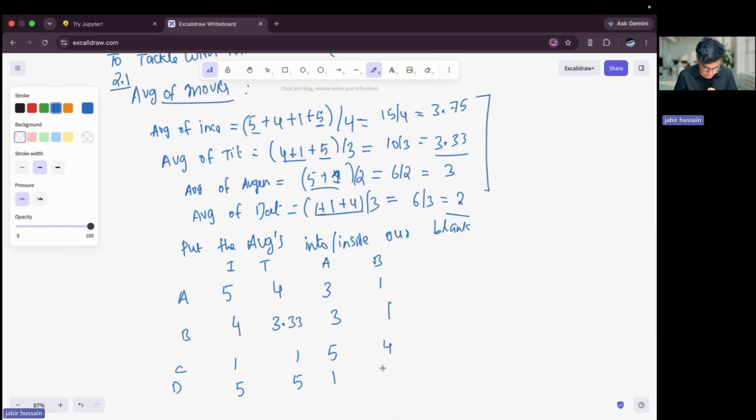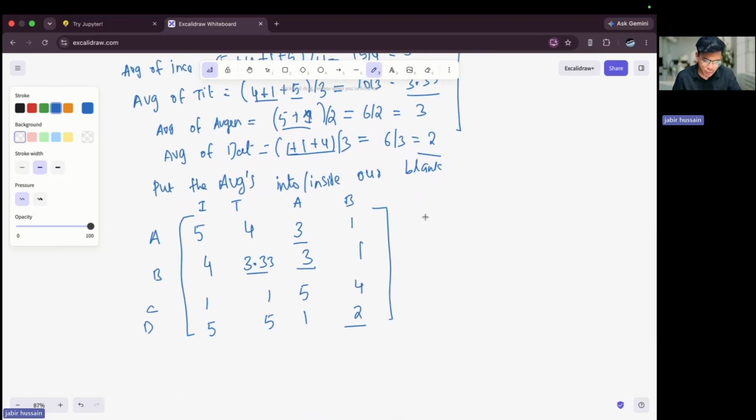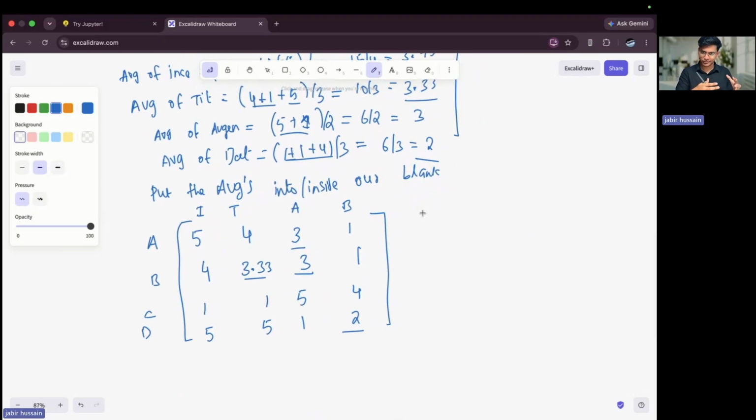So this is our newly constructed matrix. This was our blank, this was our blank, and this was our blank, and we replaced these blanks with averages. Now I want you to look at it. This is our very basic prediction, right?